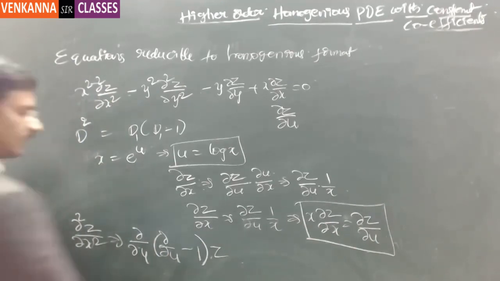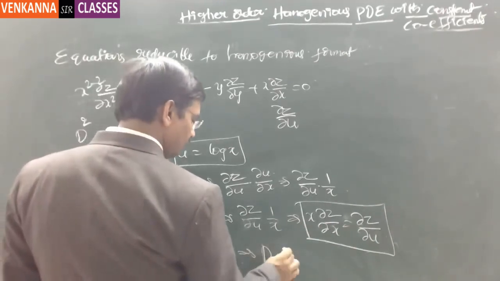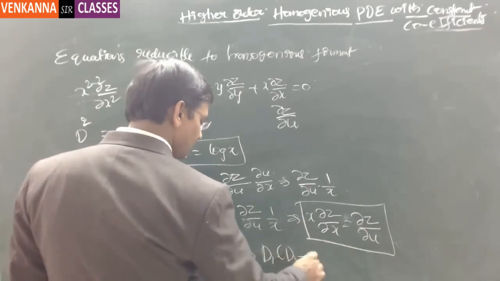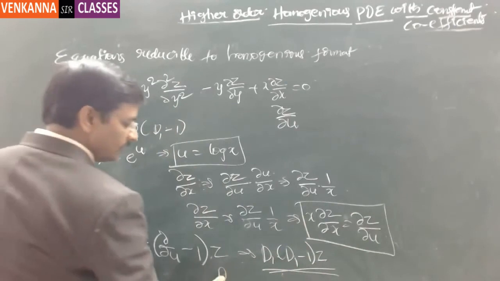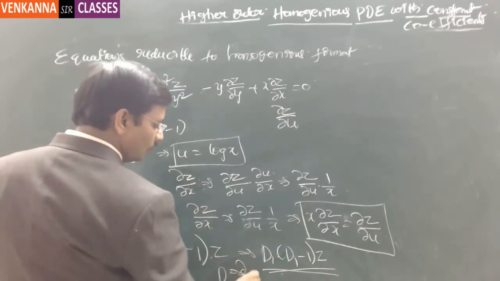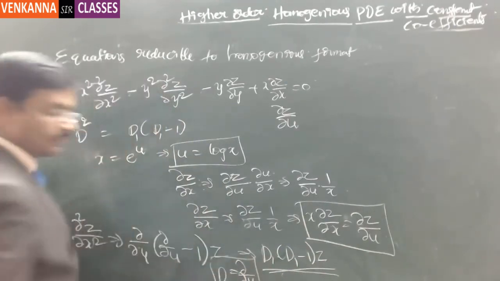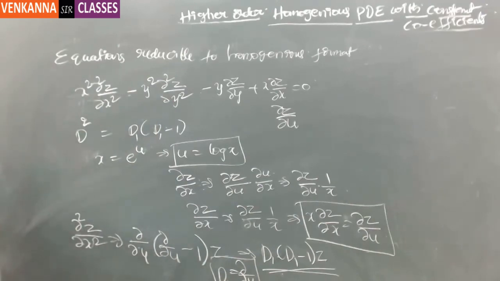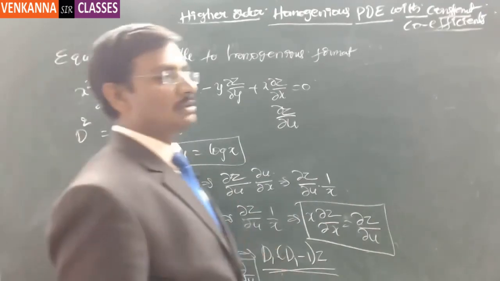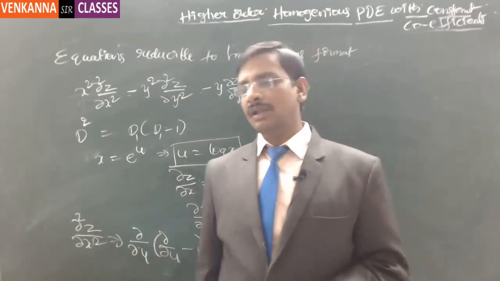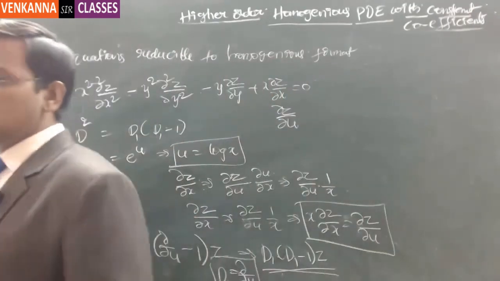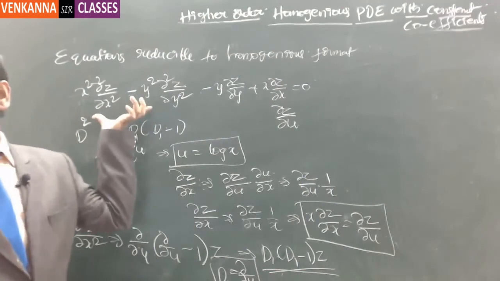This is what we write in short form as d1 into d1 minus 1 of z, where d1 is dou by dou u, not dou by dou x. Got it? This is the standard methodology we adapt in case of ordinary differential equations when we solve the Legendre form of the homogeneous equation, which is nothing but this form of the differential equation.